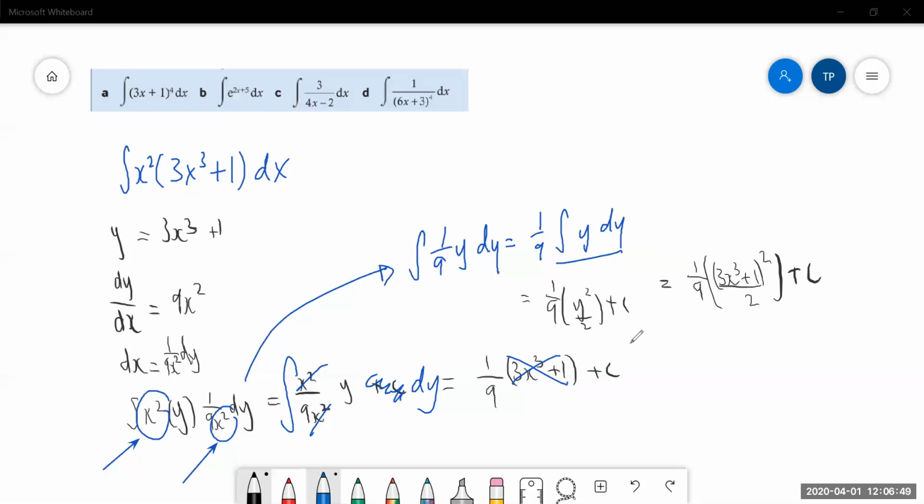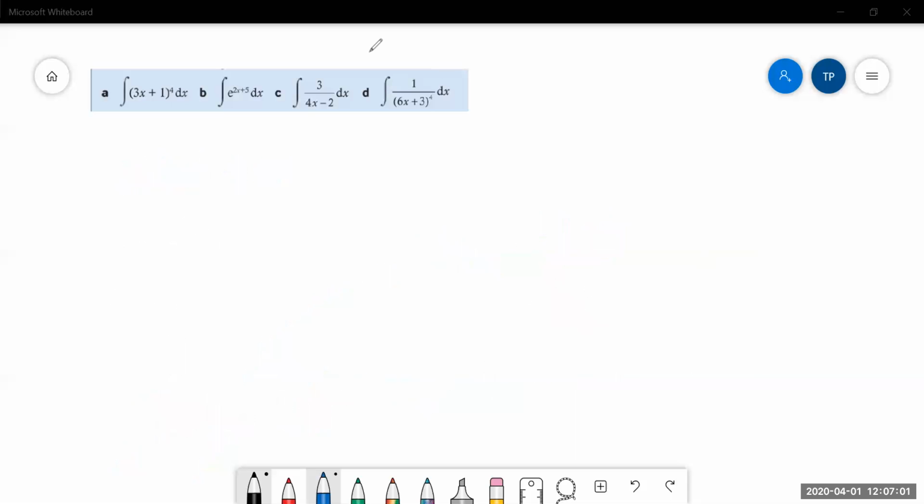Correct. Very good. So this is how you do it. They are supposed to cancel out. You should expect it to be cancelled out. We'll try one last one, then we will call this a day.